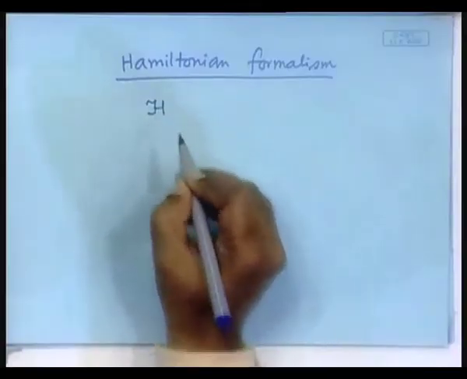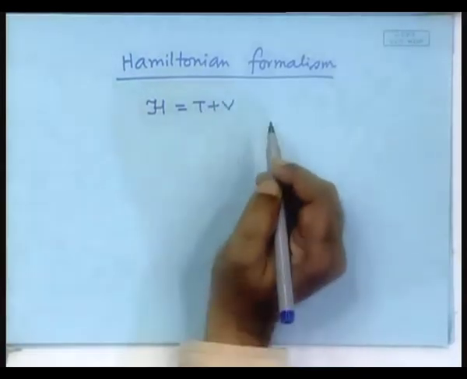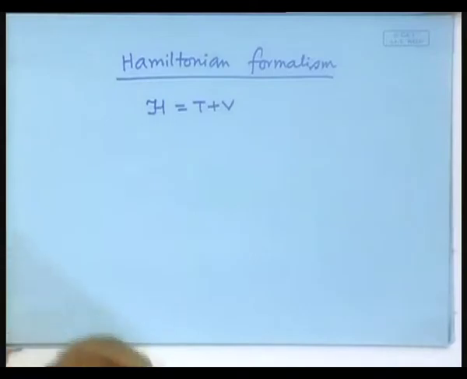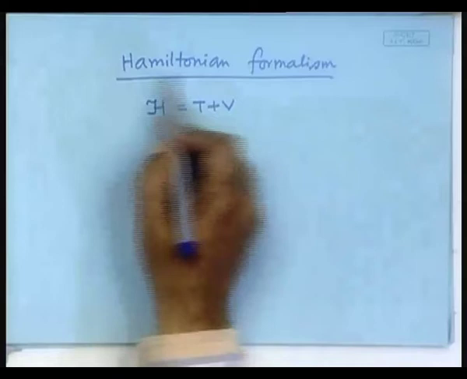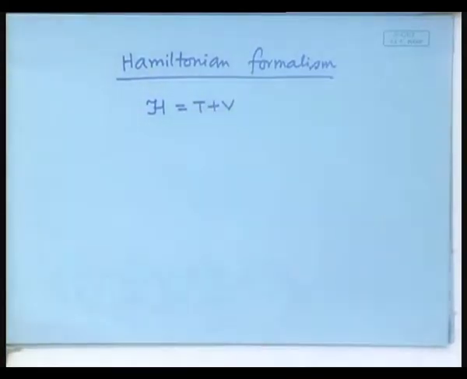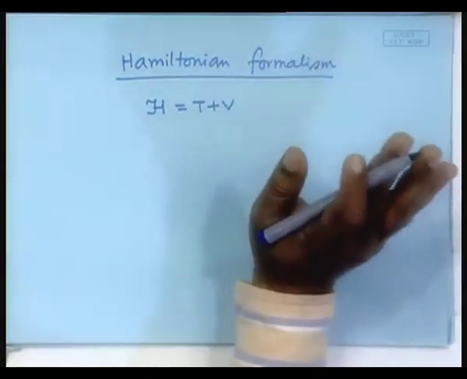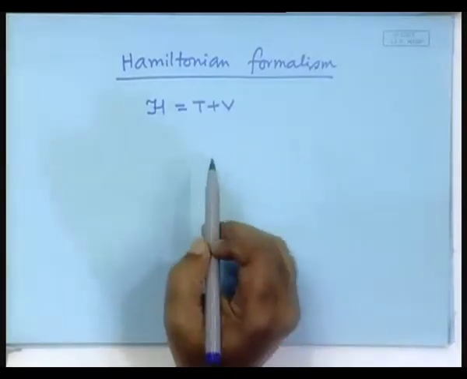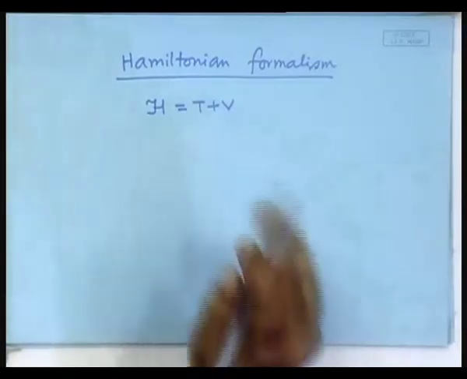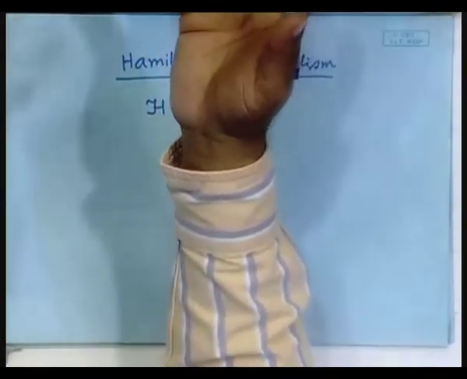So, we will say that I define a function, I will write it as script H is T plus V. And then we will try to formulate the equations in terms of the Hamiltonian function, but presently we have defined what is known as the total energy function. As yet I am not talking about the Hamiltonian function. So, this is more intuitively clear to us, that I am talking in terms of the total energy in the system, T plus V.